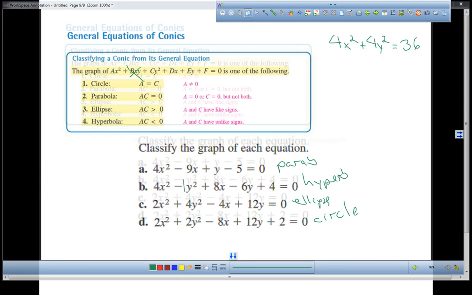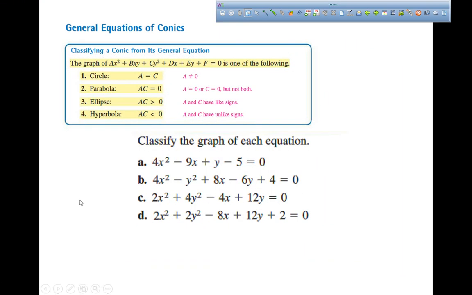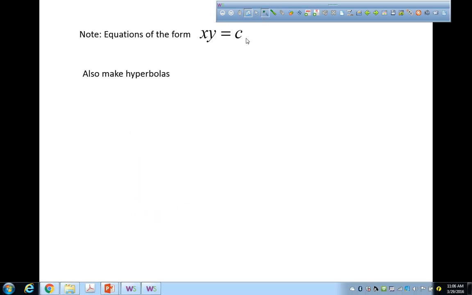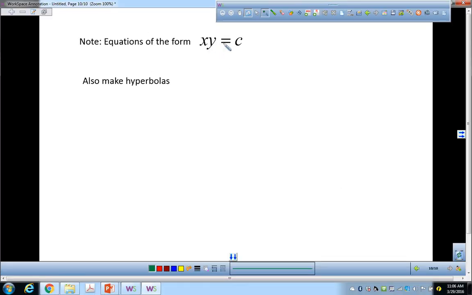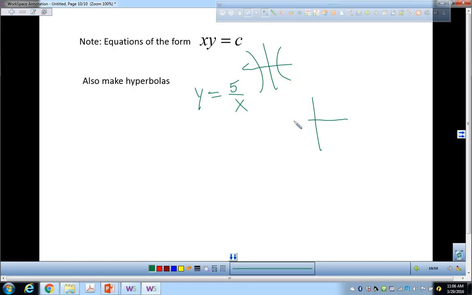Good. And then the very last thing is hyperbolas. We don't really talk too much about this kind of hyperbola, but they do exist, because we're talking about hyperbolas that have two branches that are reflections of each other. But this type, like y equals 5 over x, we already talked about earlier, looks like this, right?